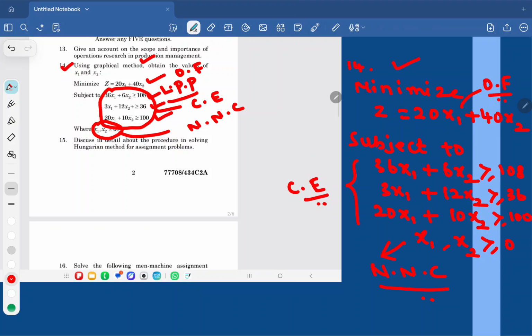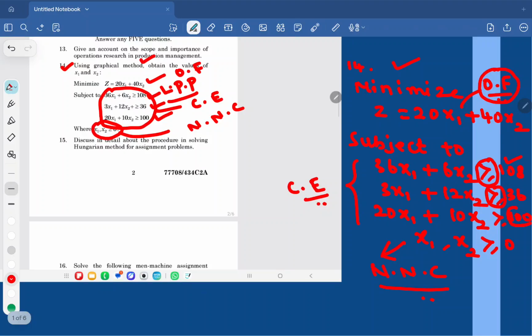The problem is given as minimize z equal to 20x1 plus 40x2. This is the objective function, subject to 3 constraint equations. First constraint: 36x1 plus 6x2 greater than or equal to 108; 3x1 plus 2x2 greater than or equal to 36; 20x1 plus 10x2 greater than or equal to 100.